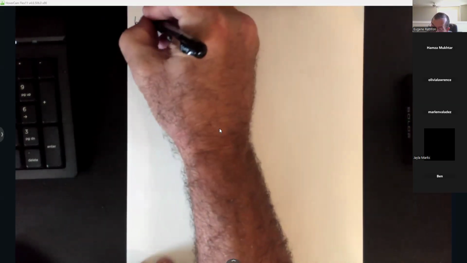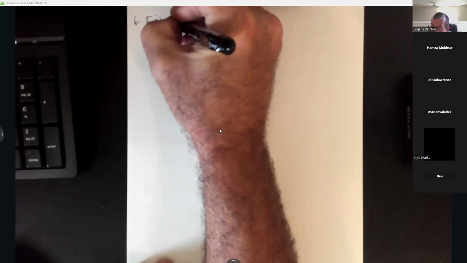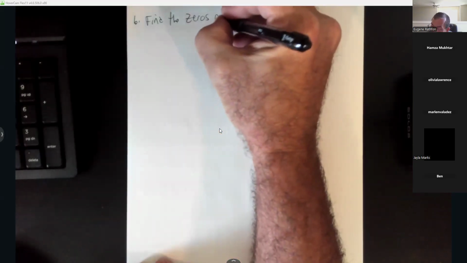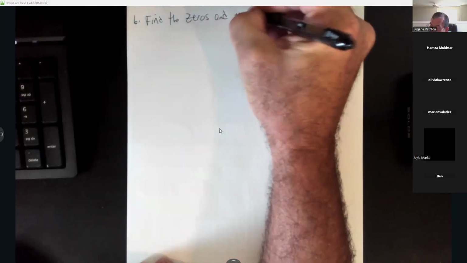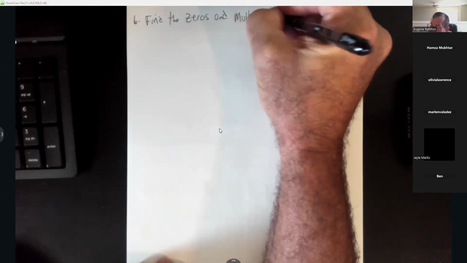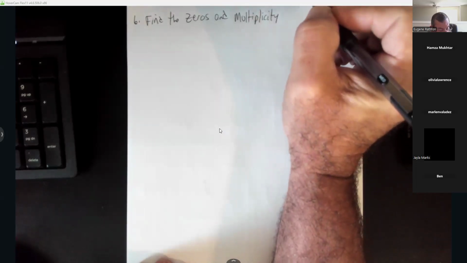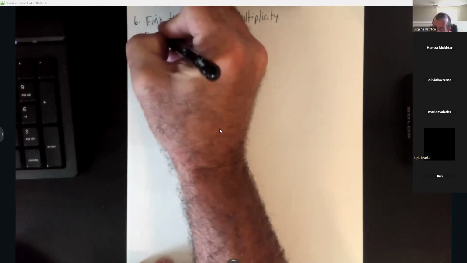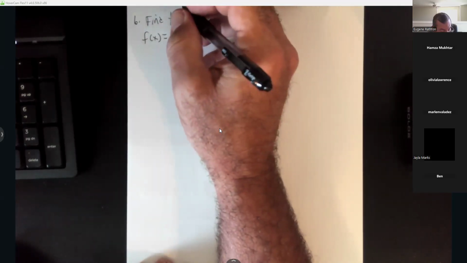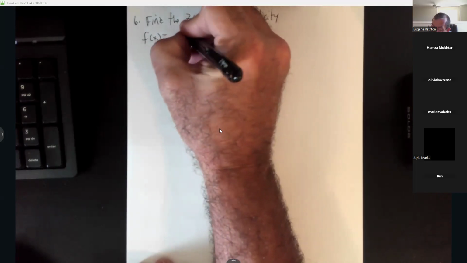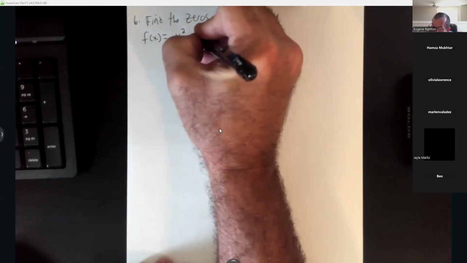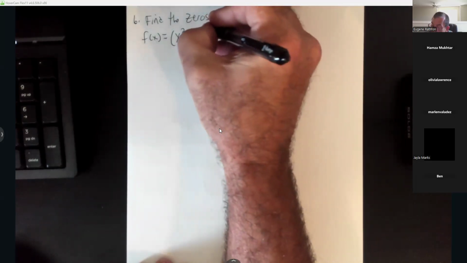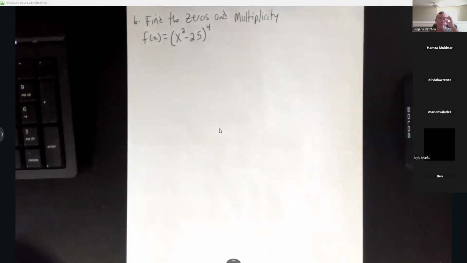So they want us to find the zeros and multiplicities. On number 6, they're giving me f of x equals (x squared minus 25) to the fourth power.